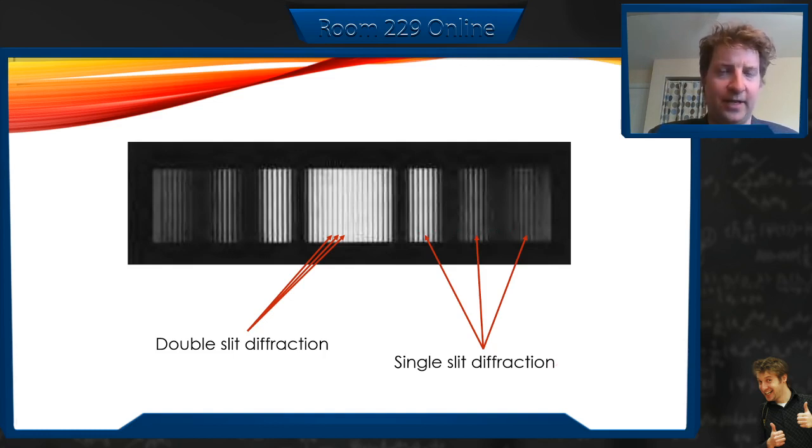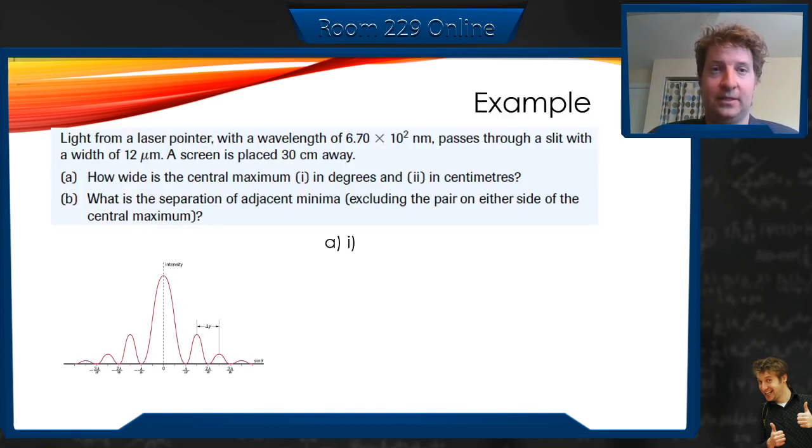So that's pretty complicated. You may want to stop and go back, or even just stop and think about this for a second and look at the equations. Make sure you write them down and go over them again. Okay? Let's do a quick example here. So let's say we have a laser pointer. It's a red laser pointer. It's 670 nanometers, and I'm firing it at a 12 micrometer slit.